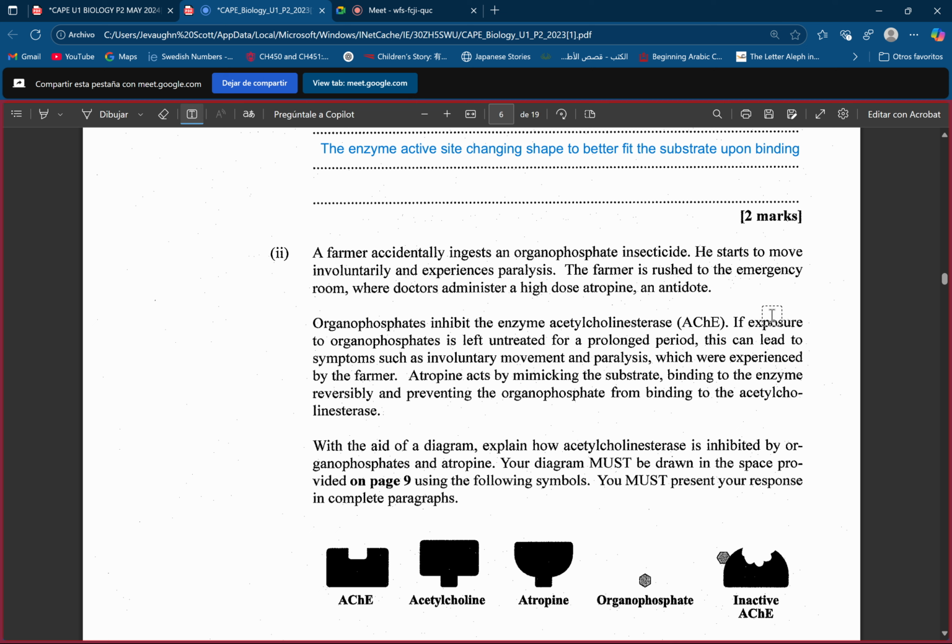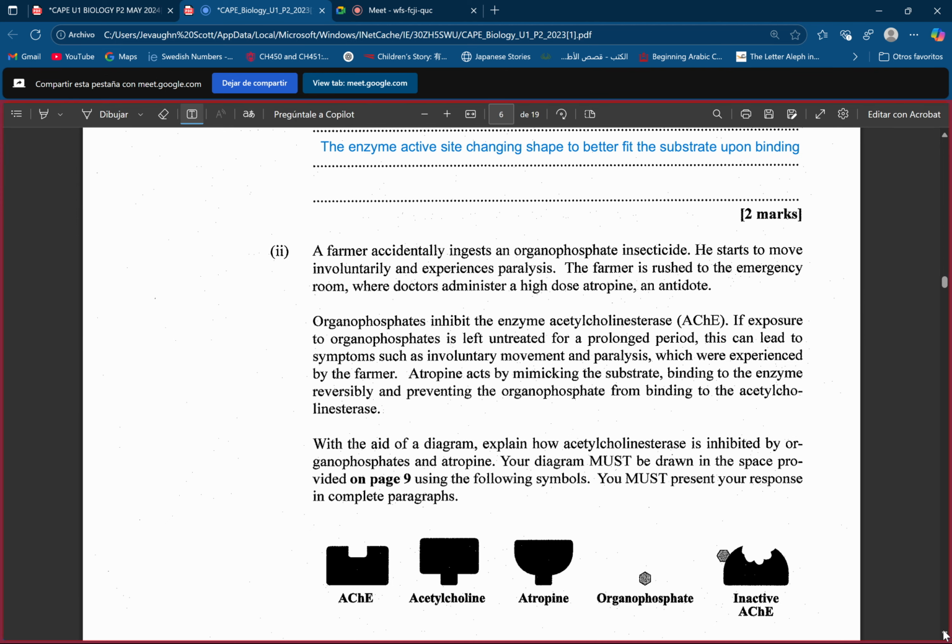So with aid of a diagram, explain how acetylcholinesterase is inhibited by organophosphate and atropine. Organophosphates are competitive inhibitors. Atropine is a non-competitive inhibitor, right? Your diagram must be drawn in the space provided on page 9 using the following symbols. You must present your response in complete paragraphs.